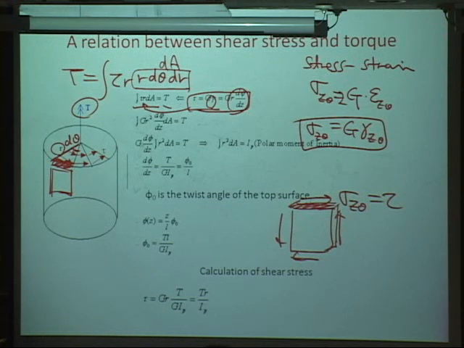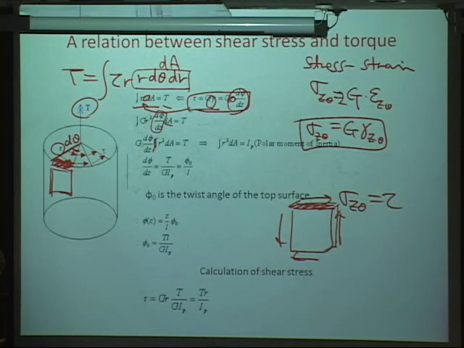What do we have? G, there was R here, and there was R here. So R square, G R square, and d phi dz, and dA. And d phi dz, we know this is a constant, so we can take this term out of the integration, and G stiffness is also a constant, so we can take it out of the integration.